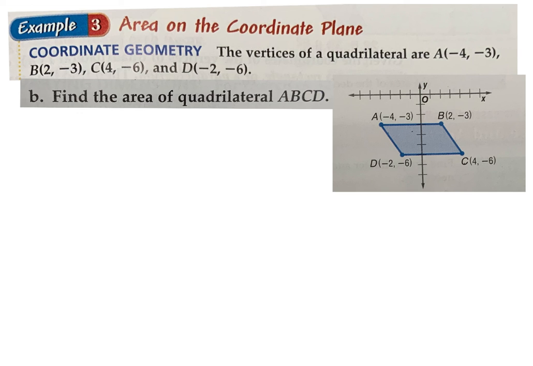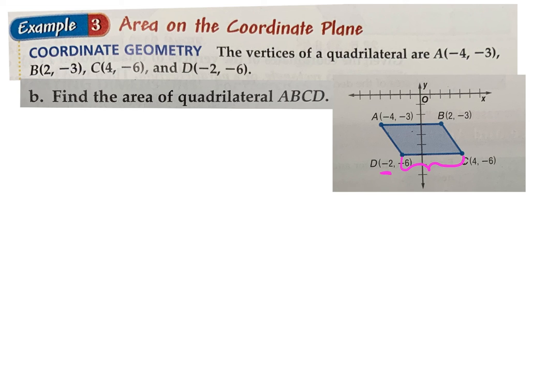All right, so to find the area, I need the base and I need the height. What they've done is made it rather easy for us. If I'm looking at my base, which two numbers do I need to look at to figure out what my base is? Yeah, so I need to look at my x's, right? Because it's moving left and right.